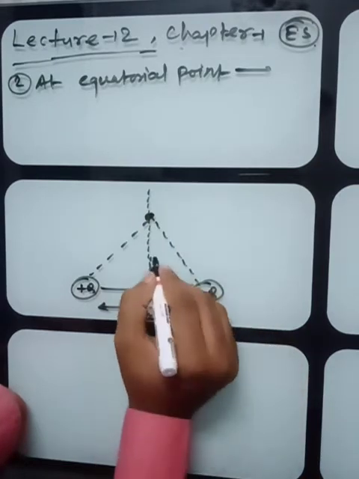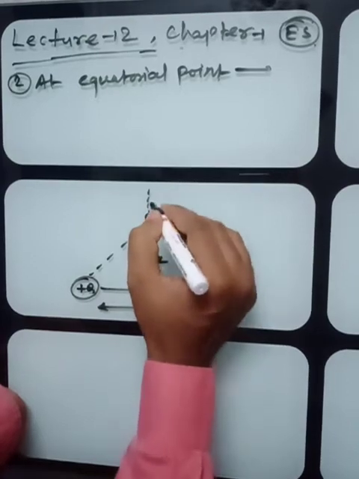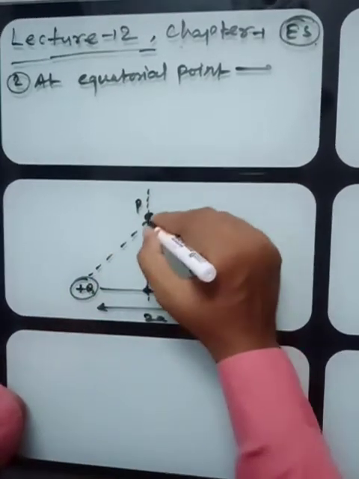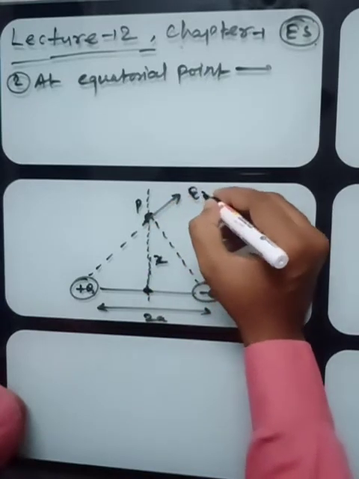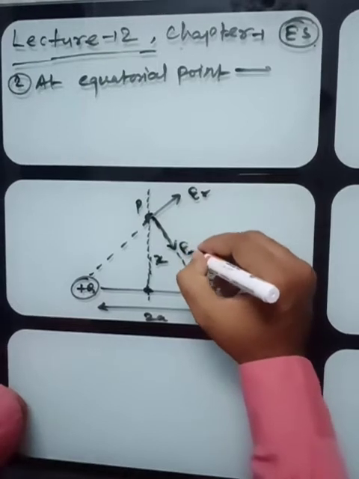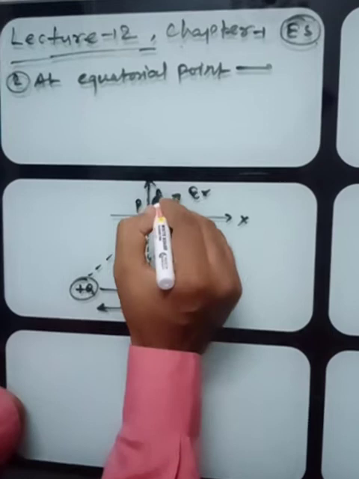If this point is at distance x above the center point and this is P, we are going to find the net field. Due to this positive charge, the electric field will be directed away, this is E plus, and due to the negative charge the direction will be this way, E minus. And here this is the x-axis and this is the y-axis.